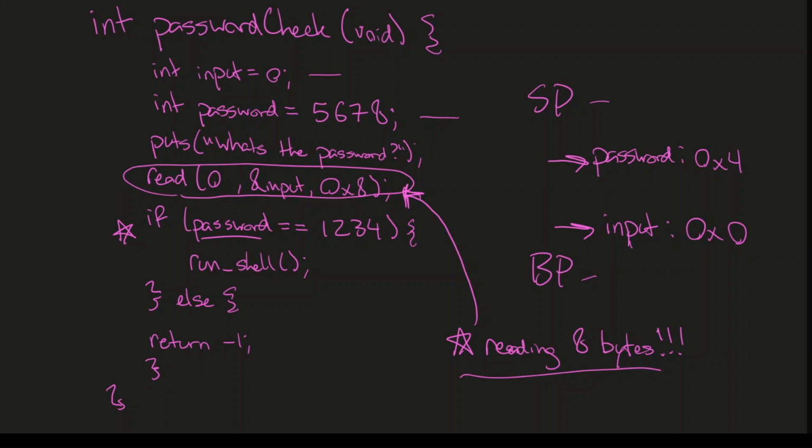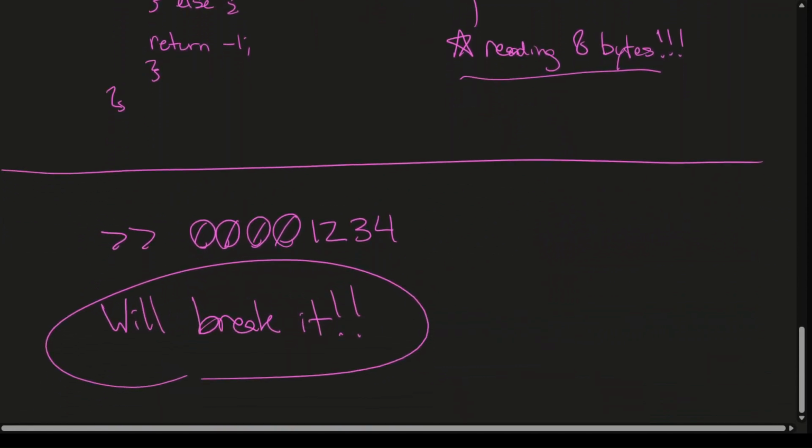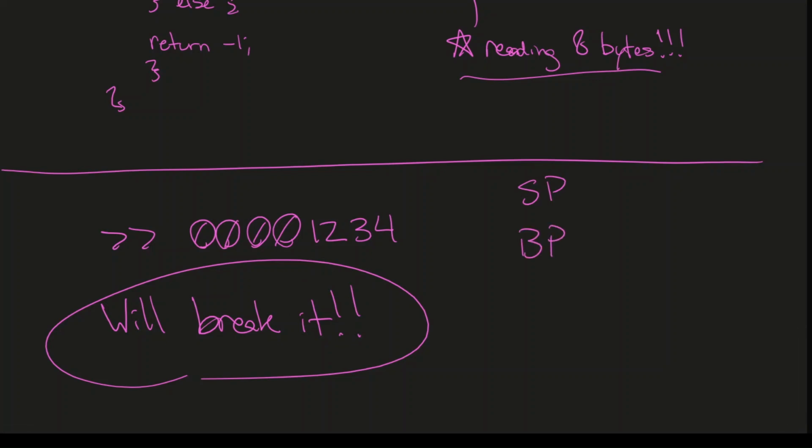So, in order to execute something like a buffer overflow, you could use the stack pointer and base pointer to calculate the offset size. And so, in this case, you know that password is at 0x4, and you know that input is at 0x0, and so you only need an offset of 4.